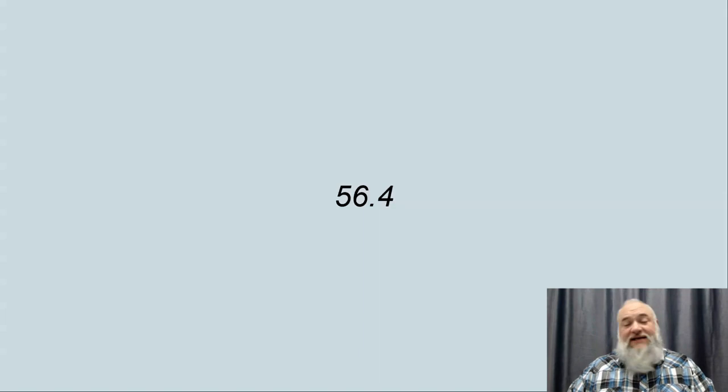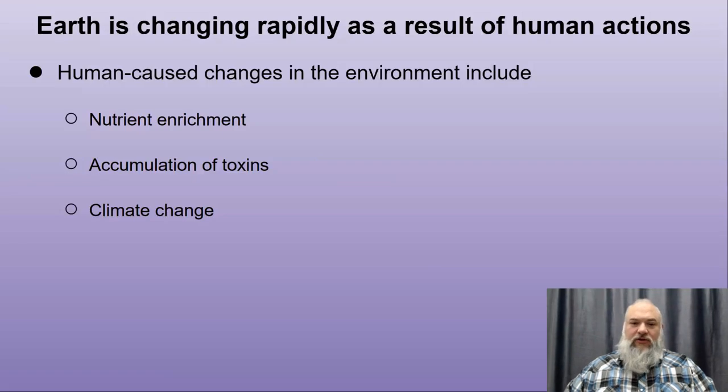All right, time for the last section on the last topic in the last unit in AP Bio, guys. 56.4, where we're going to look at human actions affecting change. So human caused change in the environment, besides what we've already talked about with clear cutting and dredging on the ocean floor, includes human caused changes in the fire load in forests.